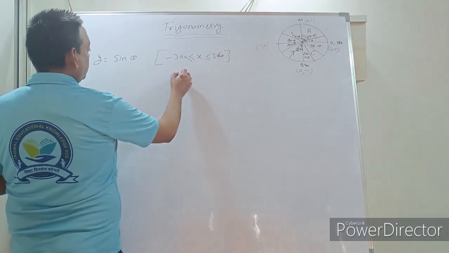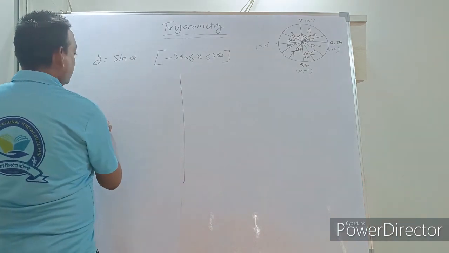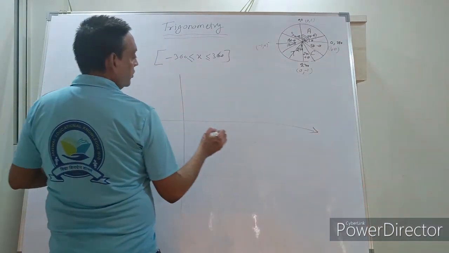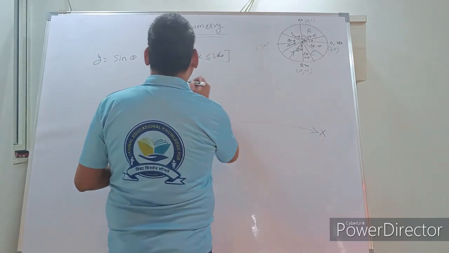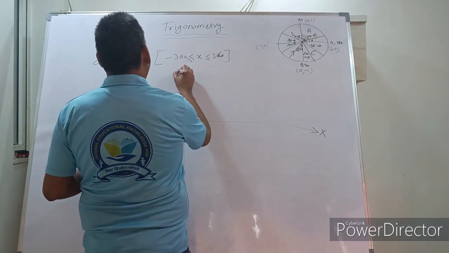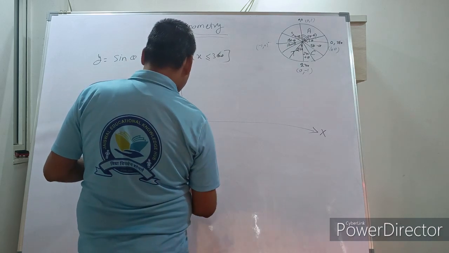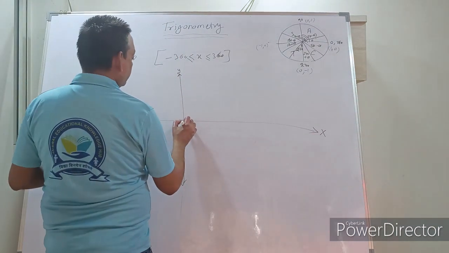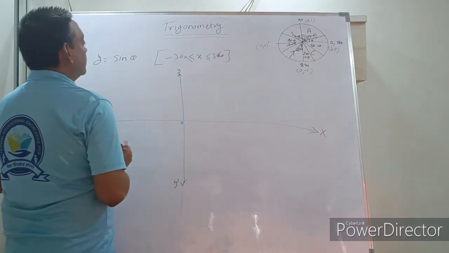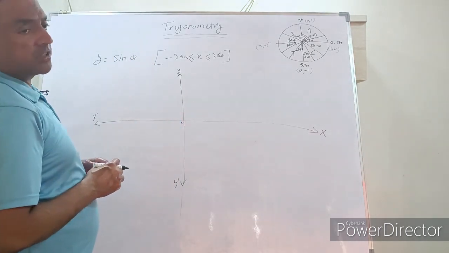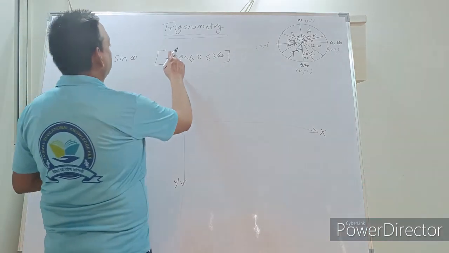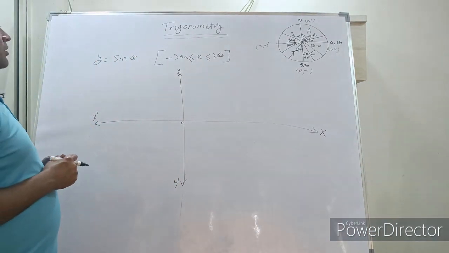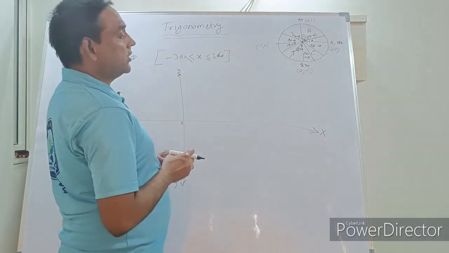Okay, so suppose this is our graph. This will be your x-axis, this is your y-axis. This will be y dash, this will be x dash, this will be the origin. Now since we are doing everything with degrees, and they can ask minus 2 pi to plus 2 pi also, we'll not discuss that now, we will discuss it later in the radian part.